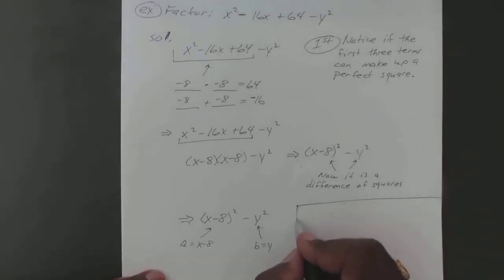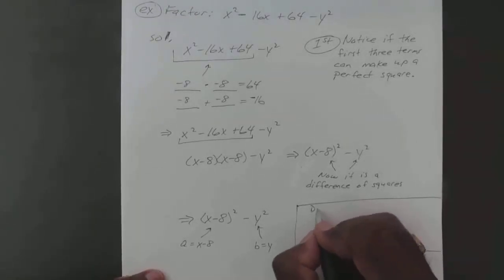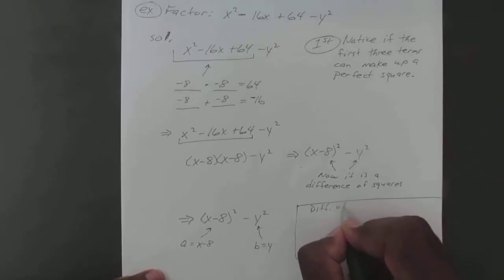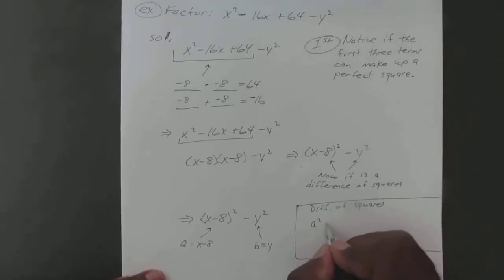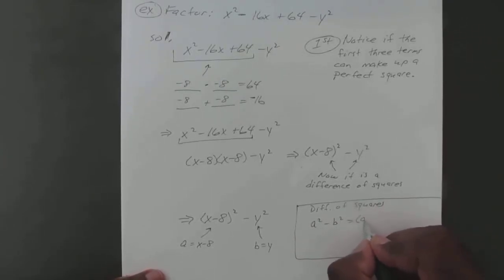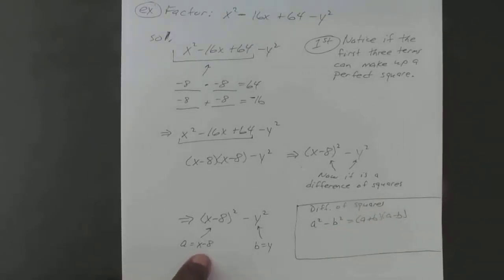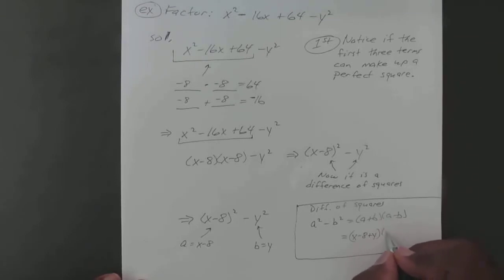Okay, and remember, your difference of squares is a squared minus b squared equals a plus b times a minus b. So that means for this one, it will equal x minus 8 plus y times x minus 8 minus y. Okay, and that will be your answer.